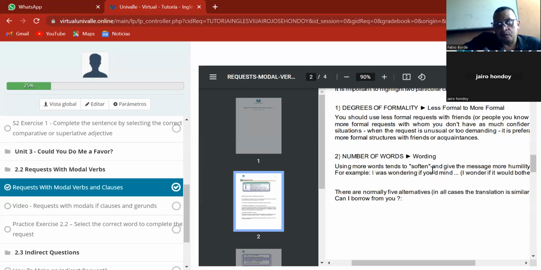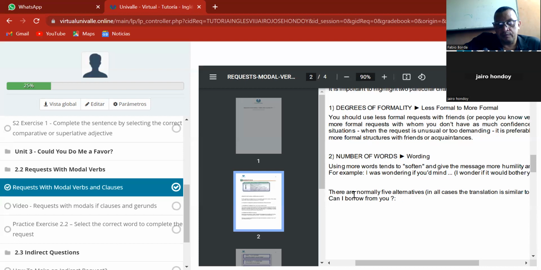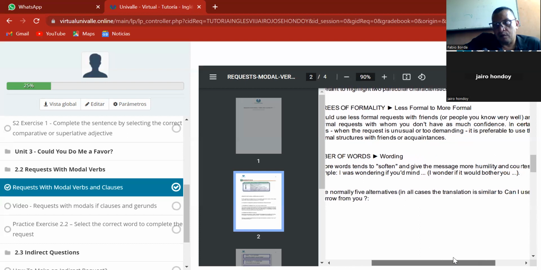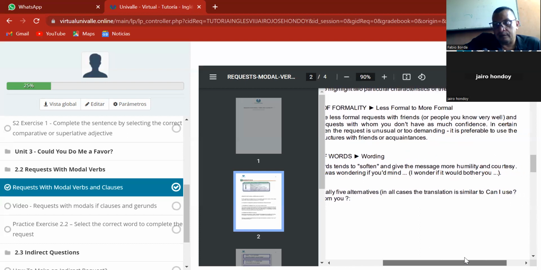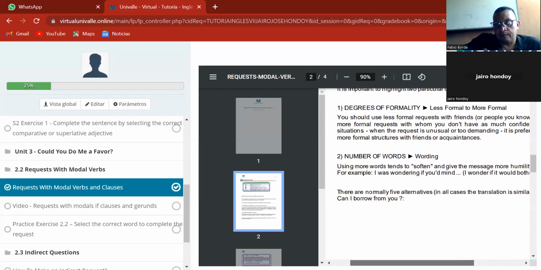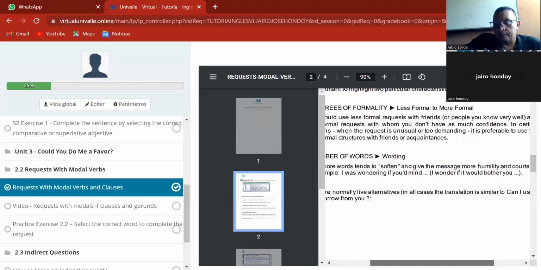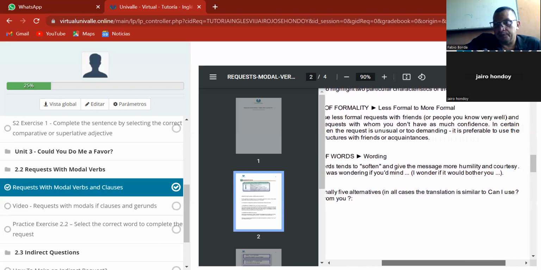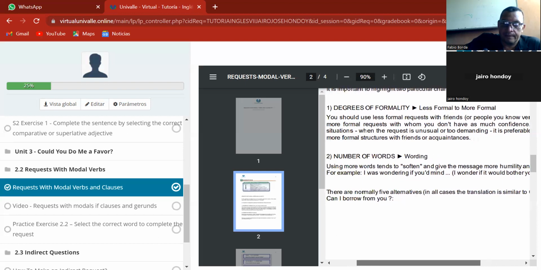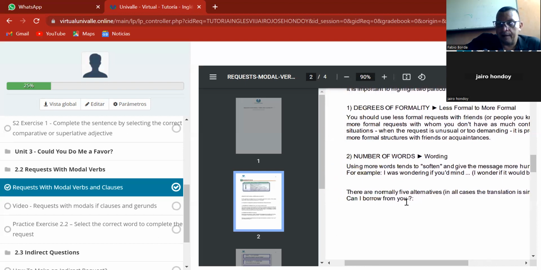Number of words, wording. Using more words tends to soften and give the message more humility and courtesy. For example, I was wondering if you mind, es lo que te acabo de explicar, I wonder if it would bother you, y le pedí algo allí. There are normally five alternatives in all cases.